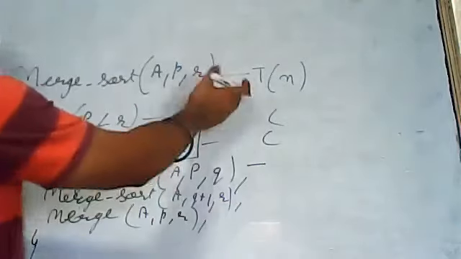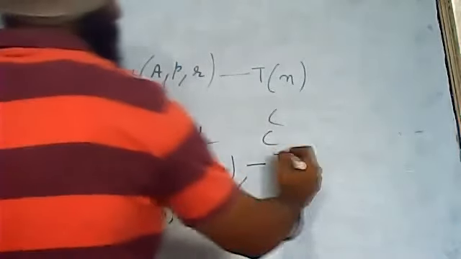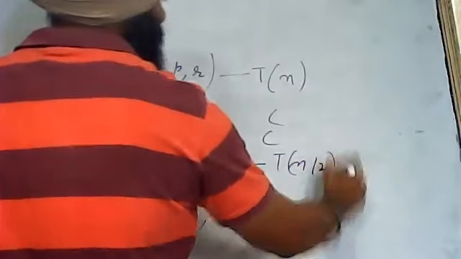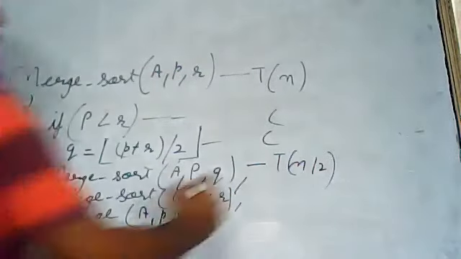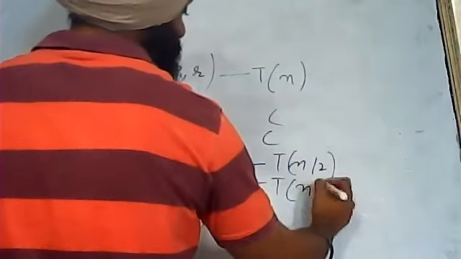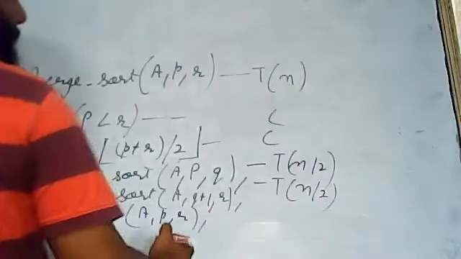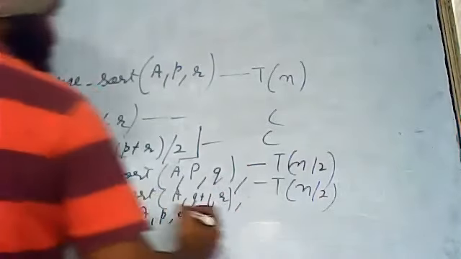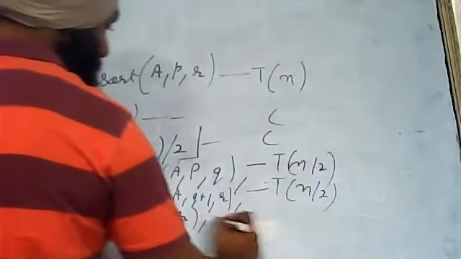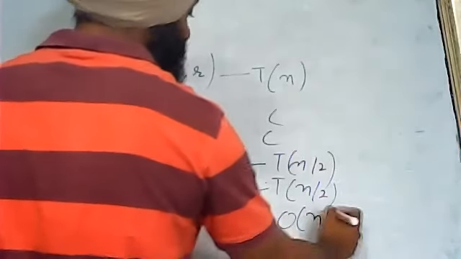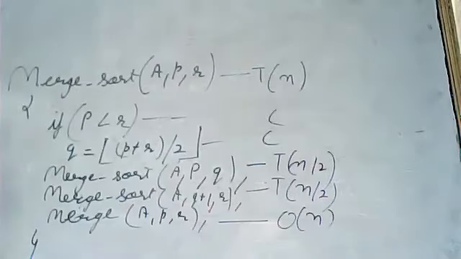If the whole list takes T(n) time, this smaller list will take T(n/2) time. This right sub array will also take T(n/2) time, and this merge procedure will take order of n. I have just told you in the previous algorithm, which we have called here.